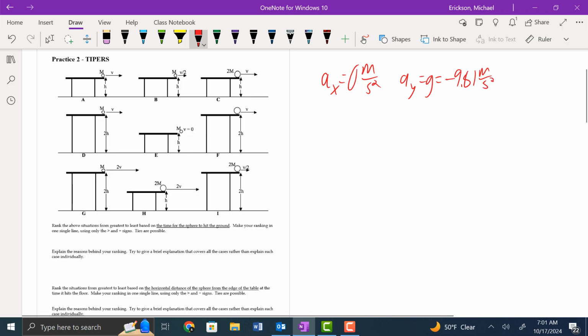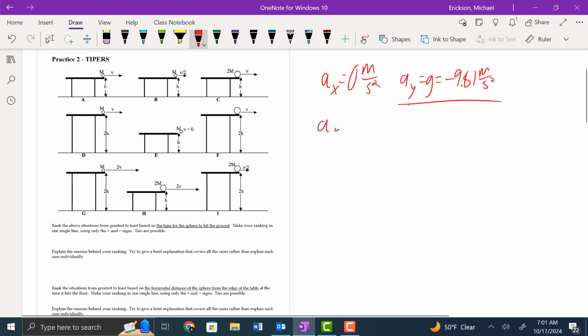So horizontally should not affect the time in the air. The only way horizontal motion could affect time in the air is if you hit a wall or something in your way, and that stops projectile motion. That is not what's happening here. It looks like these spheres will be able to just fly away in general. So whatever works against my acceleration is the only thing that can affect my sphere.